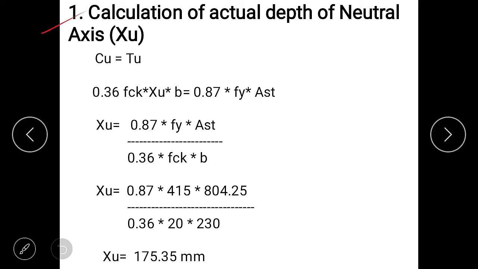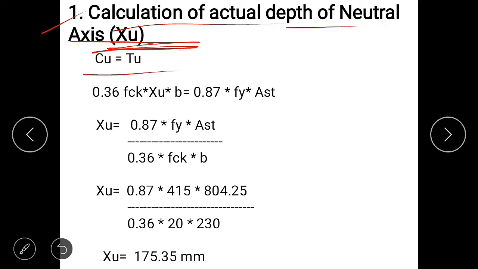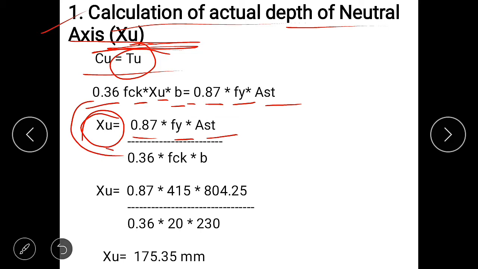So start solving the example. First step is the calculation of the actual depth of neutral axis. We have to find Xu. The formula to calculate Xu is Cu equals Tu. Cu is 0.36 fck Xu into b, equals Tu, which is 0.87 fy into Ast. So Xu equals 0.87 fy Ast divided by 0.36 fck into b.